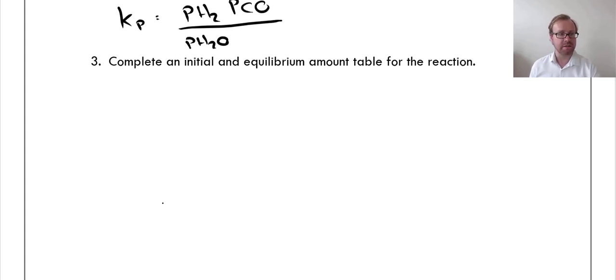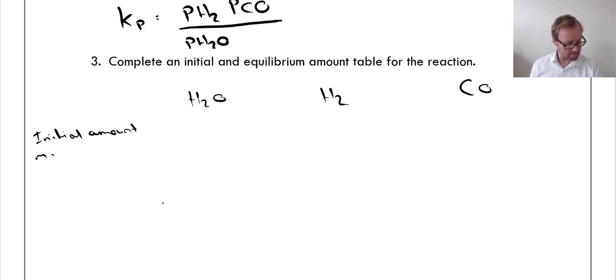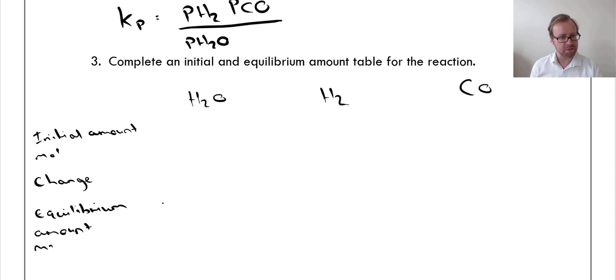Okay, so I'm just going to write it this time because you do need to get practice at constructing them. So my initial amount in mole, my change, my equilibrium amount in mole, and obviously we don't have the concentration at the bottom because we are calculating the partial pressures.